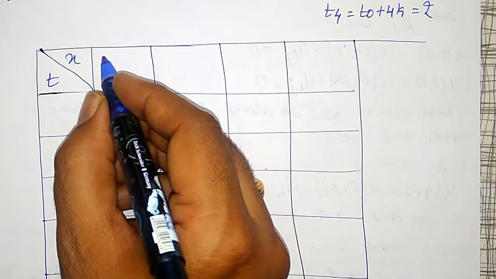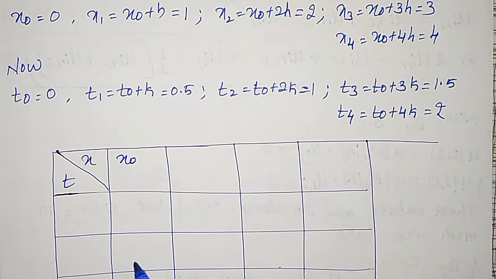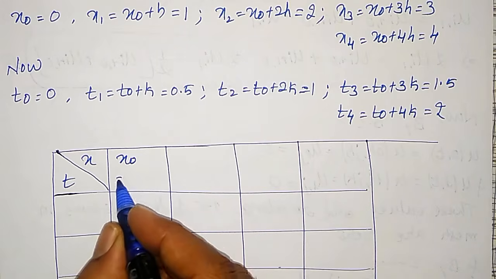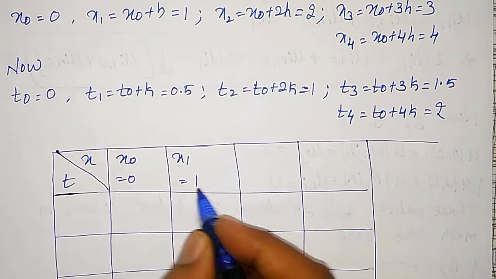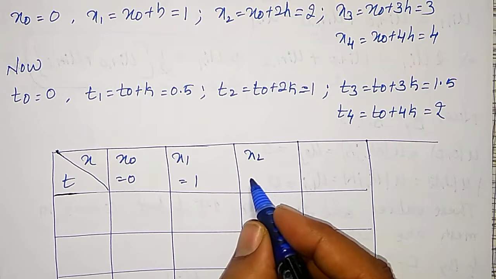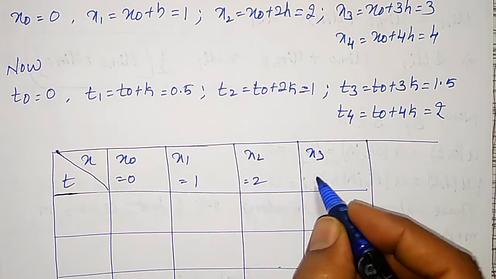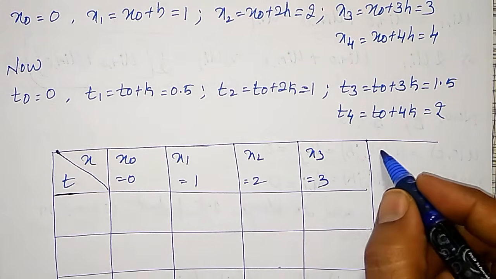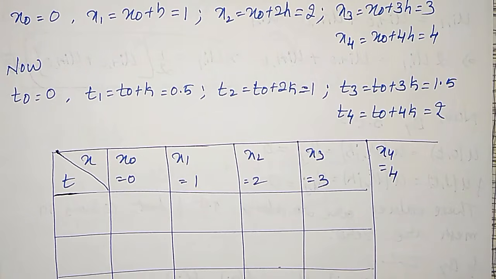Therefore, this is my x0, and x0 value from the table you can just check here, it is equal to 0. x1 is 1, x2 equal to 2, x3 equal to 3 and x4 equal to 4 I am going to use here.